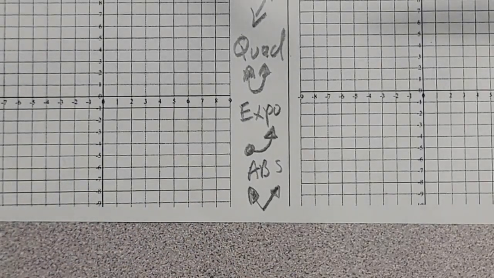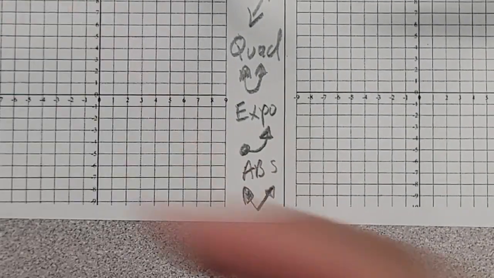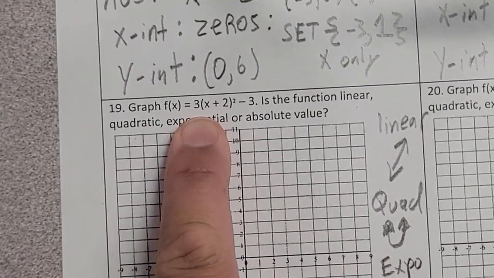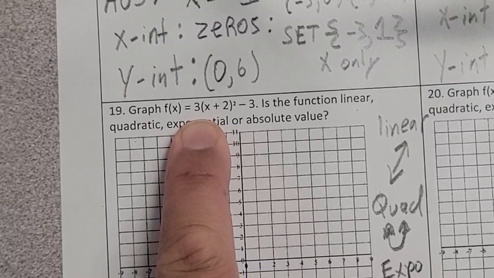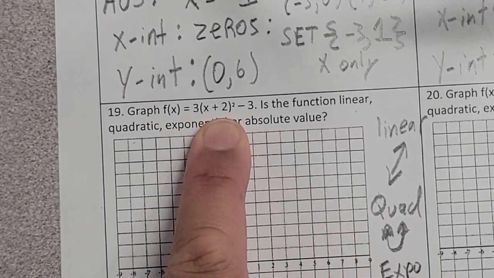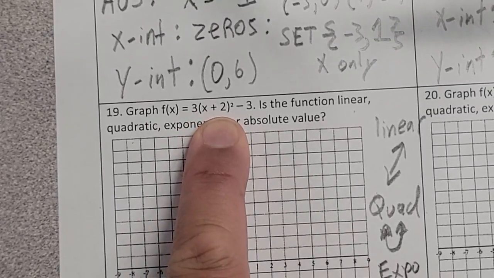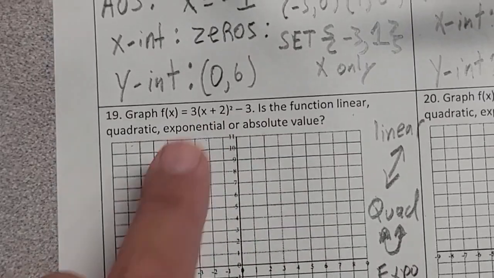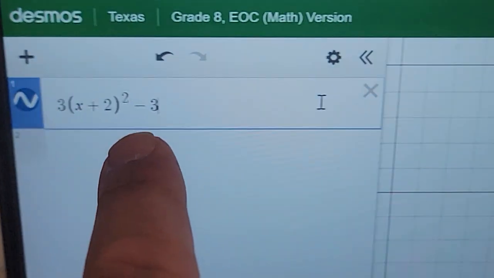Now, you're going to put it in Desmos. You have your problem right here. 3 parentheses, x plus 2, parentheses, and then make sure you hit the little shift 6. All right, so let me go ahead and show you. So look, when you put it into your Desmos, what does that look like?